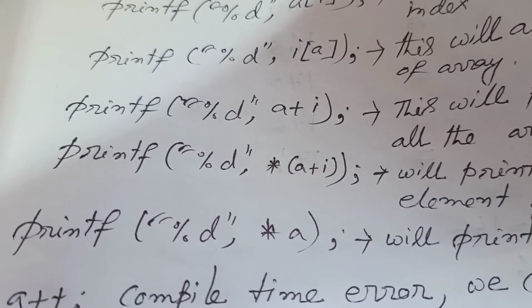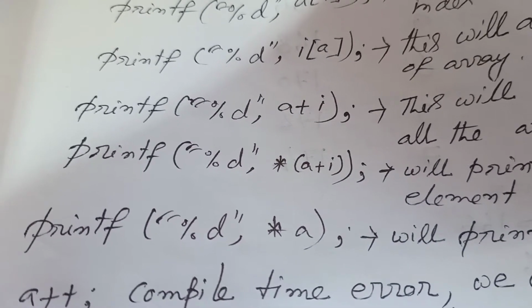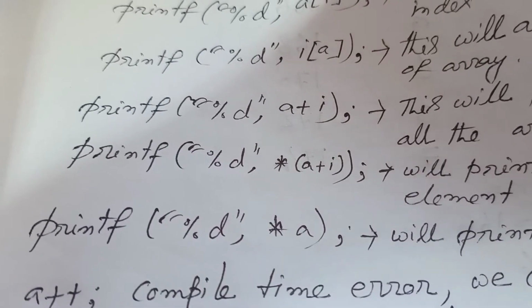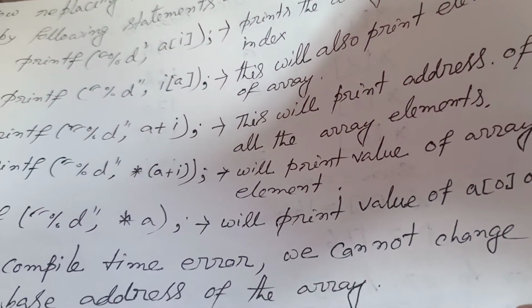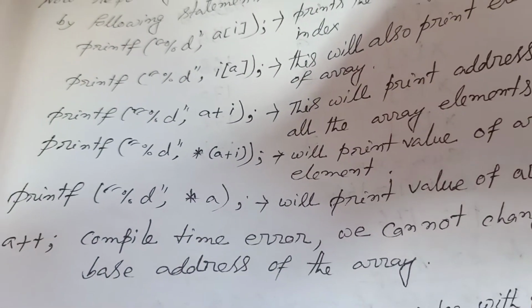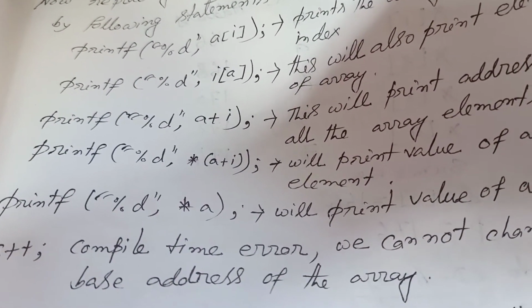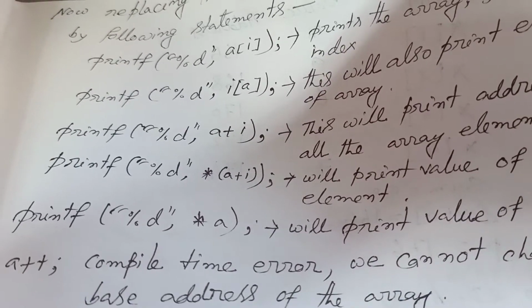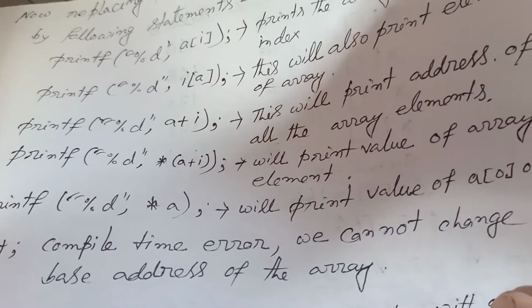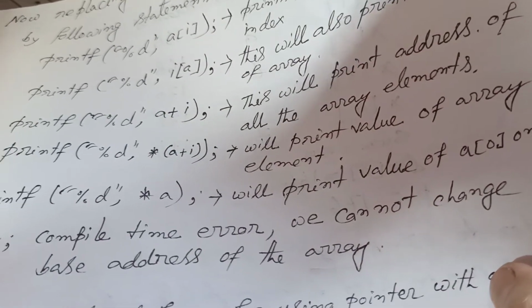printf %d, comma, a + i. This will print the address of all the array elements. And printf %d, comma, *(a + i) will print the value of the array element.